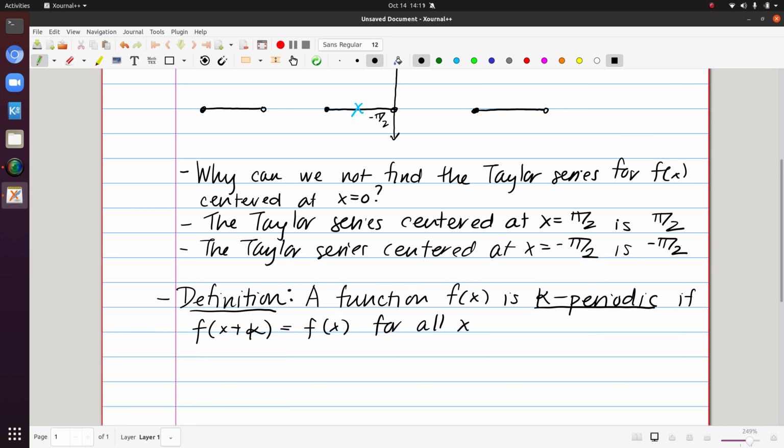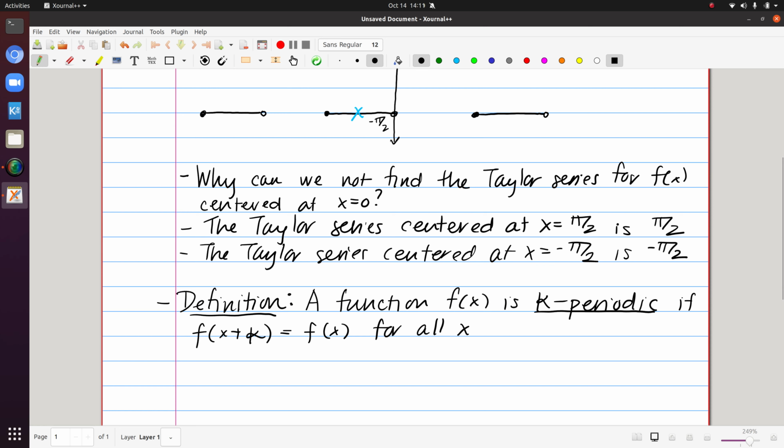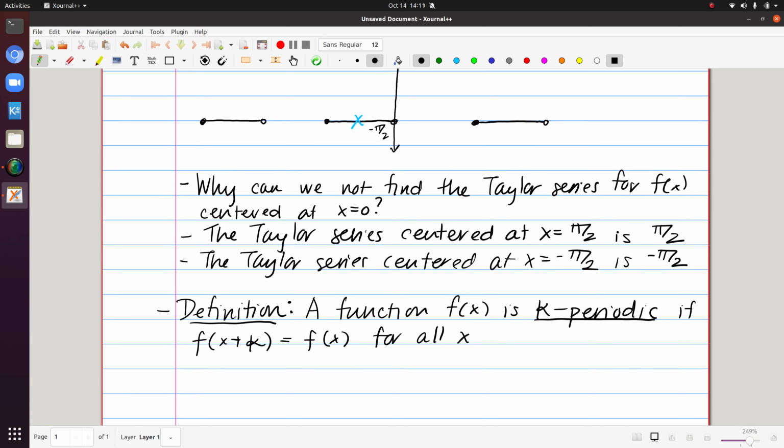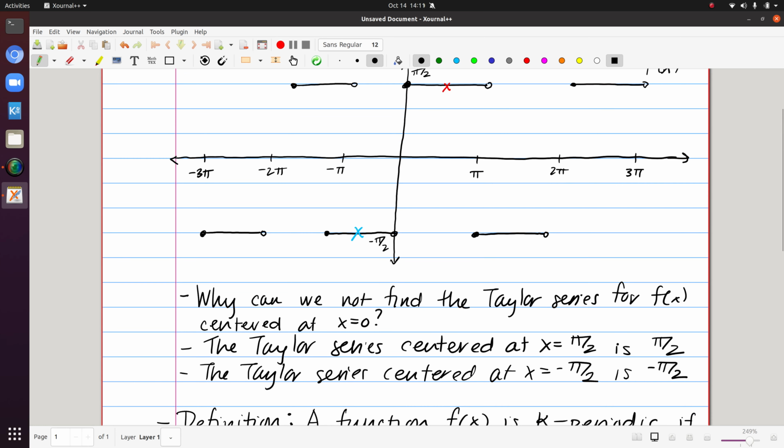And classic examples of periodic functions are, say, sine of x, cosine of x. Those have period 2 pi. And with a graph, you can really visualize the periodic property because we can see this behavior in which it's repeating itself over a full period.